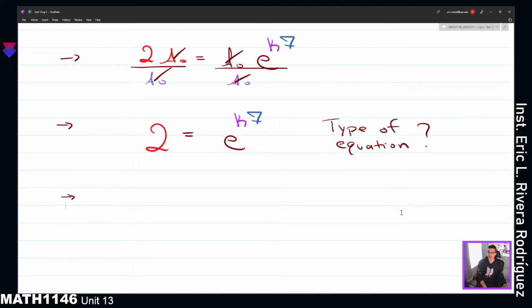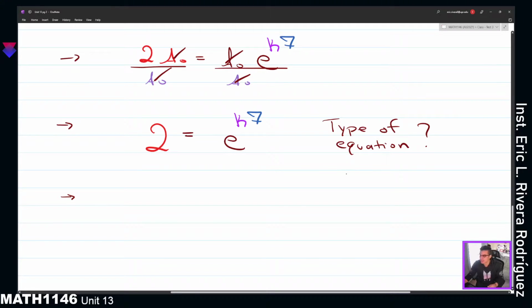What is the variable that we are solving for? It is k. We are looking for k. K is in the exponent, hence this is an exponential equation.